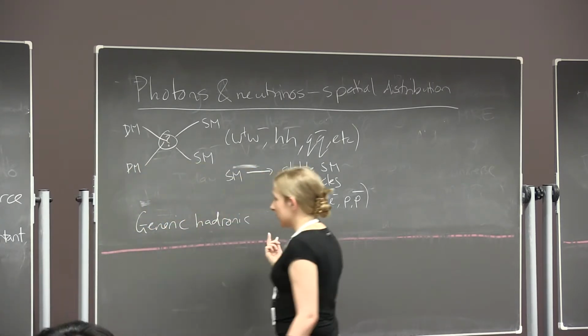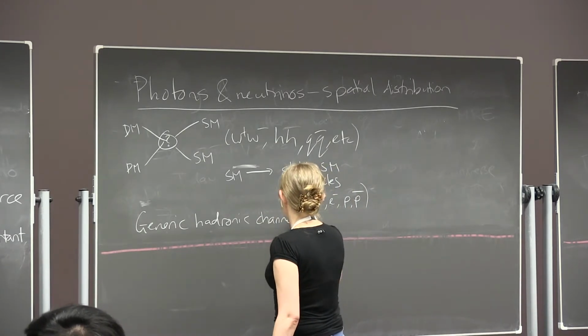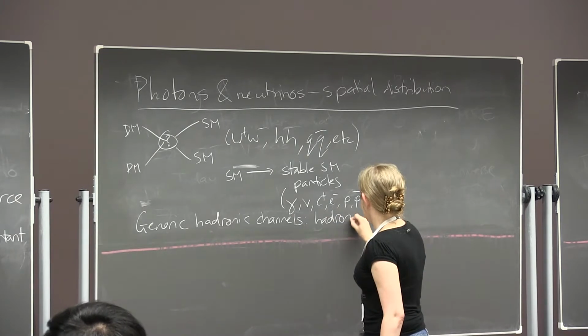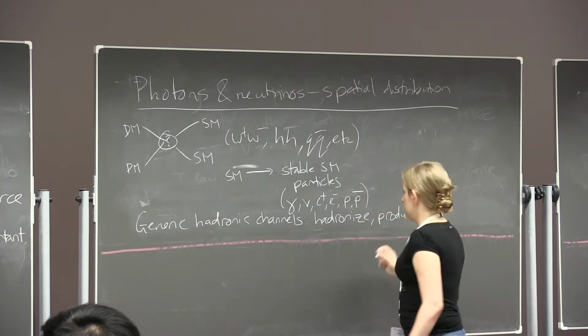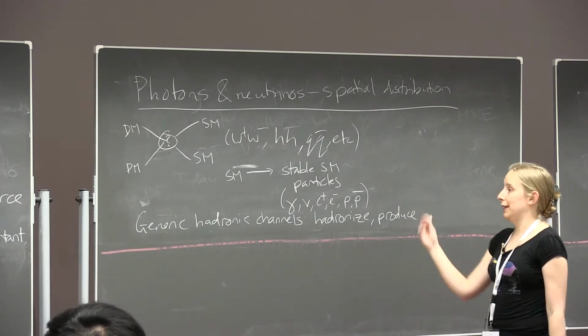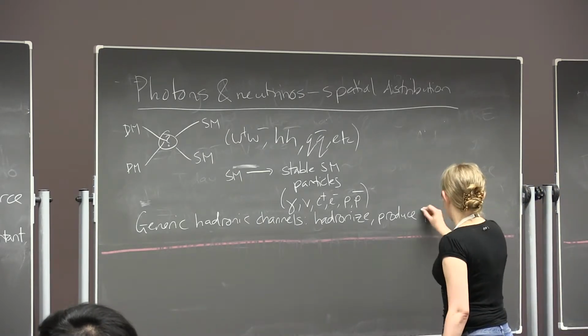This isn't universal. If you've got leptophilic channels where there's not a lot of hadrons produced, then this may not be true. So then we have to be a little bit more careful. But the generic behavior is that you get plenty of photons and neutrinos and also charged particles.